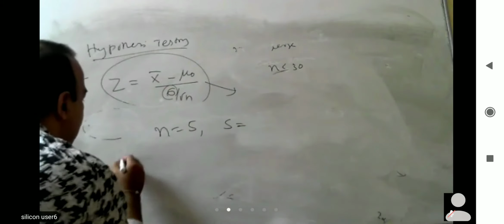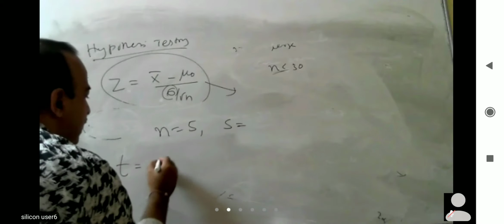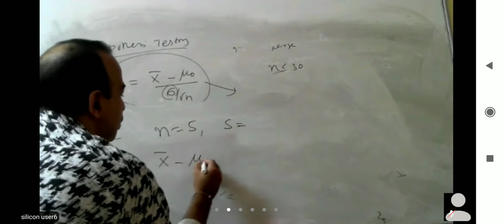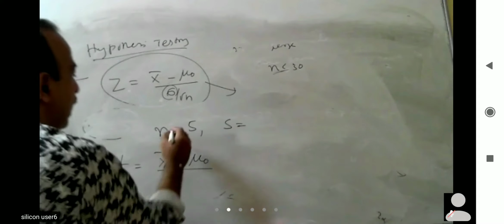Then you use the t test, and the t test is X bar minus mu 0 by s by square root of n, since the sample is small and we have a sample variance. Clear?